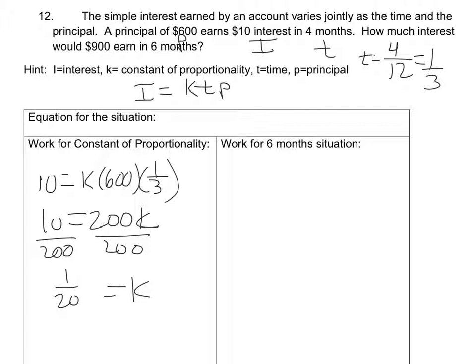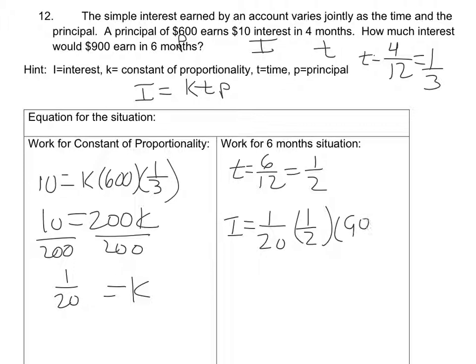So for 6 months, now first of all, the time would be 6 divided by 12, which is 1/2. Okay, and how much interest would $900 earn? So we're looking for the I. So we have I equals 1/20 times 1/2 times the 900.